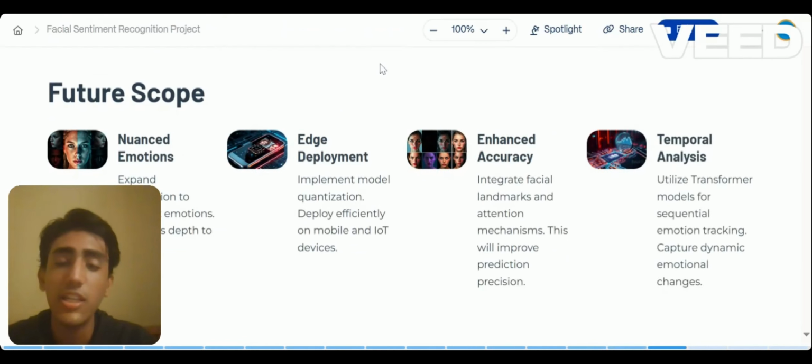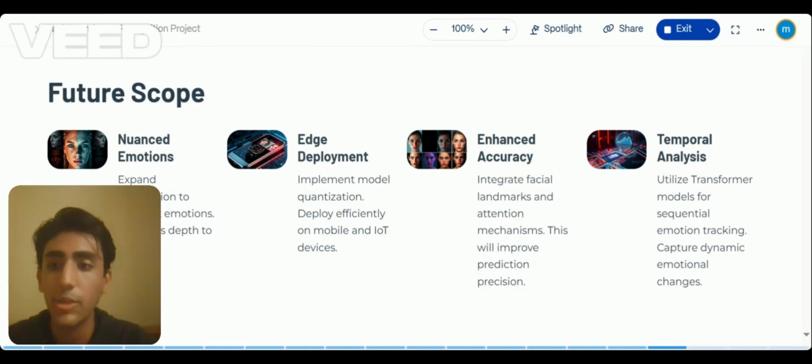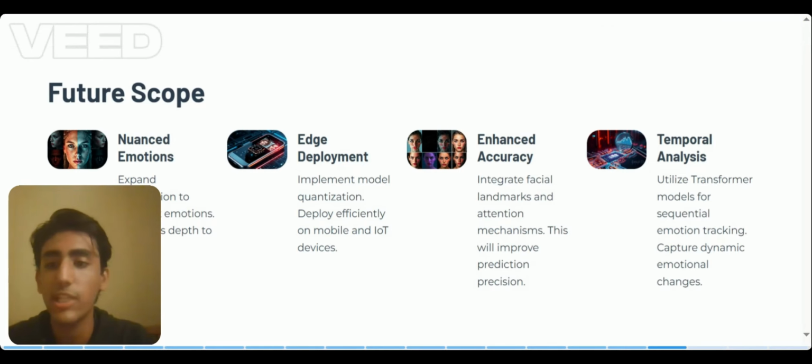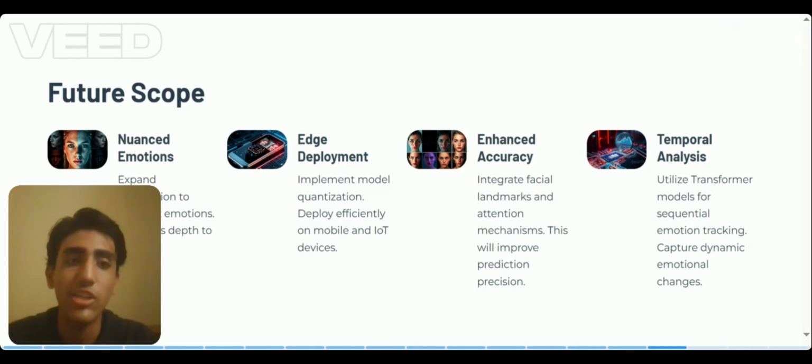Okay, there is future scope. As I said, there are some more additional nuances and some more advancements which we are hoping to make. Nuanced emotions, for example, right? There are some complex emotions like disappointment. It should be able to find nostalgia. How does nostalgia look?